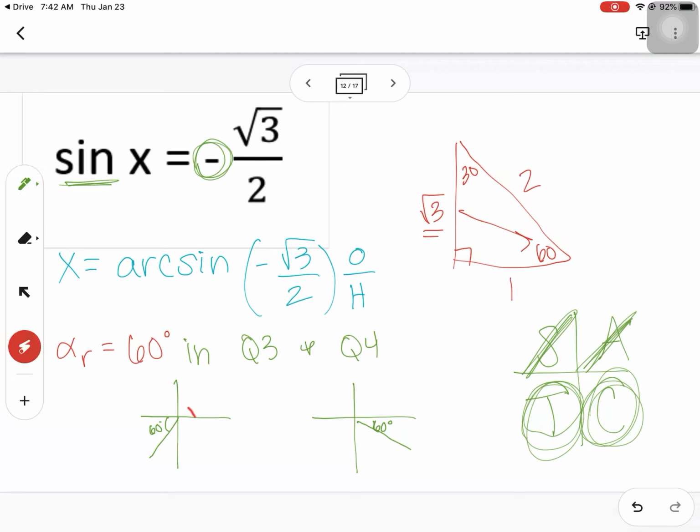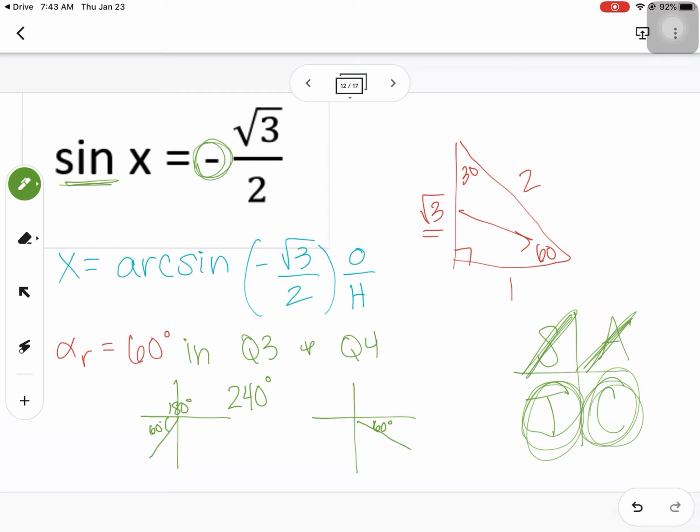In quadrant 3, we really just need to add on this top part right here, which is 180. 180 plus that 60 gives me a 240 degree angle. So that's one of my two answers. Again, you can either do it from the picture or you can memorize that in quadrant 3, you will always add 180 to your reference. Either is totally fine.